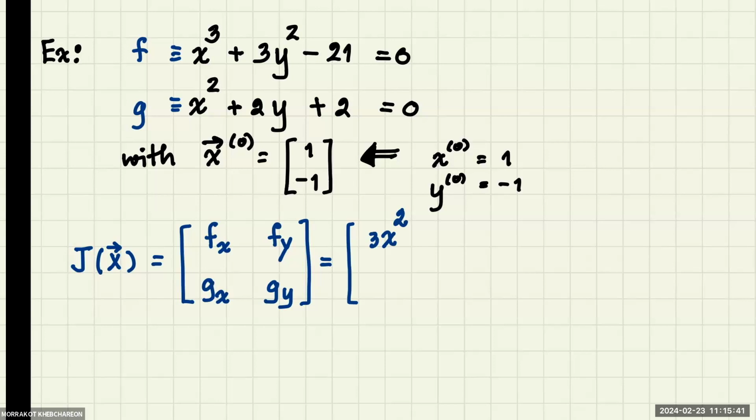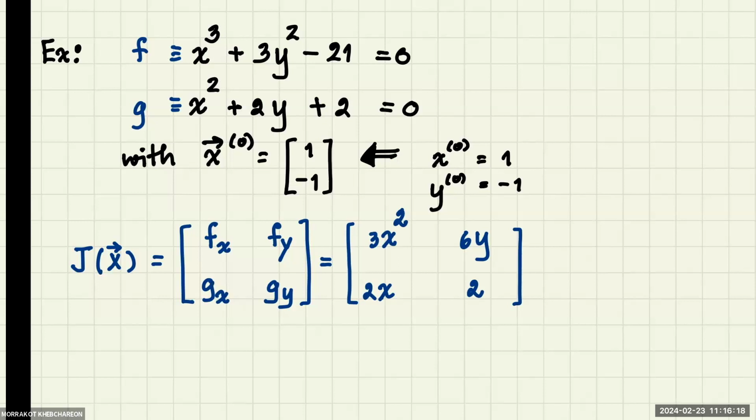Derivative with respect to y is 6y. dg by dx is 2x. dg by dy is 2. When you take the partial derivative with respect to x, you treat y as a constant, okay? If you take the derivative with respect to y, you look at x as a constant, as a number, okay?